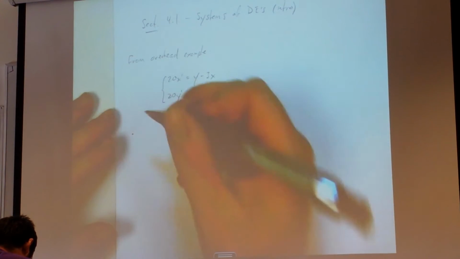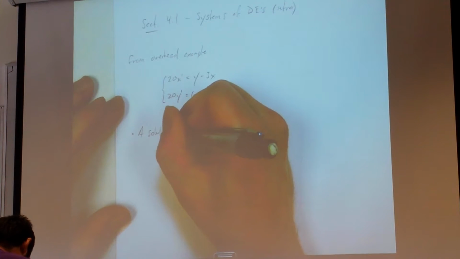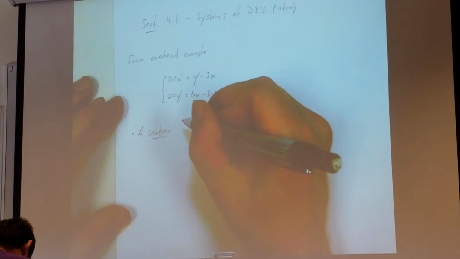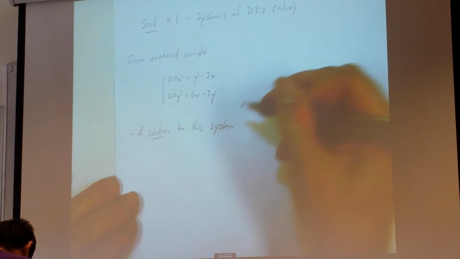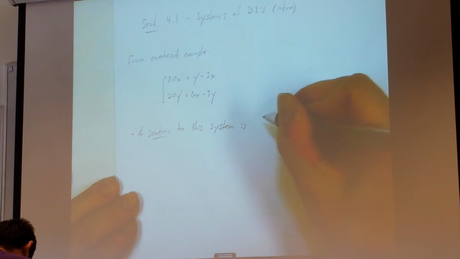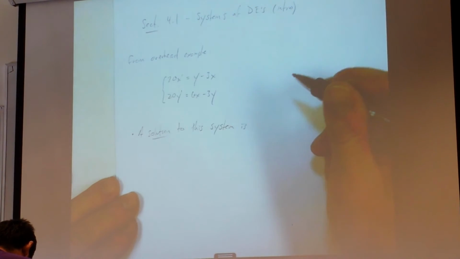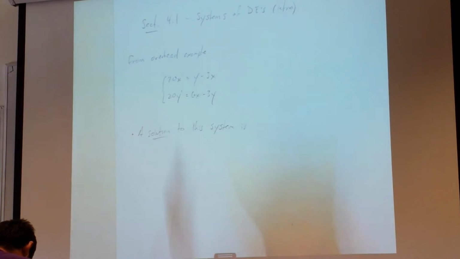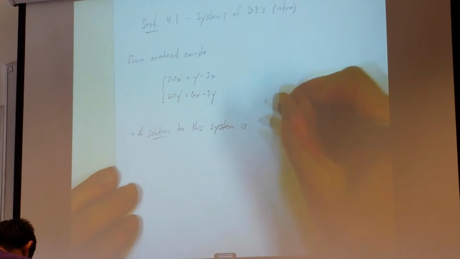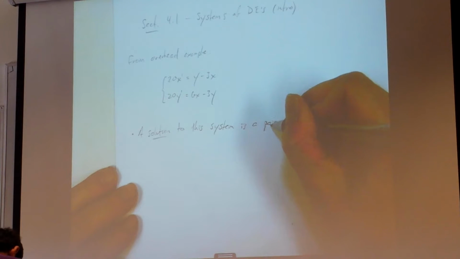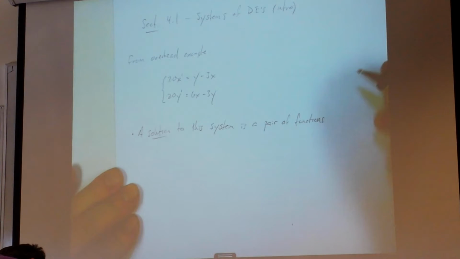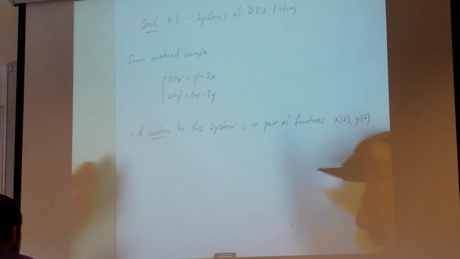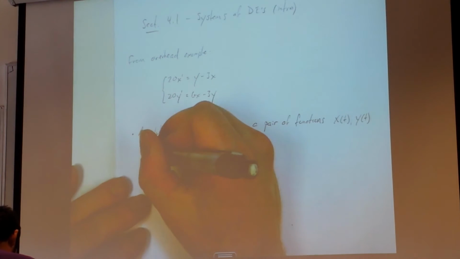When we talk about solving a system, the solution to this system or any system of differential equations is not just one, but a pair, in this case, two equations, two unknown dependent variables. So it's a pair of functions, x of t and y of t, that satisfy not just one, but both equations.